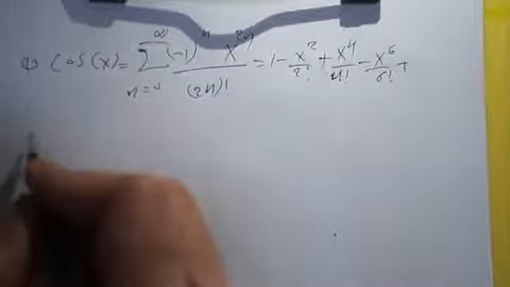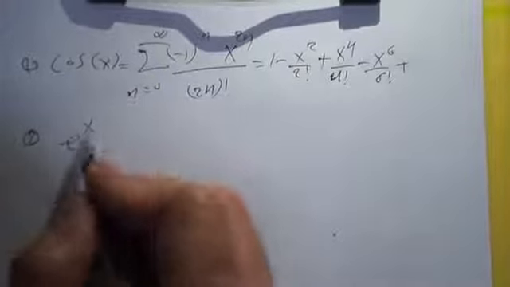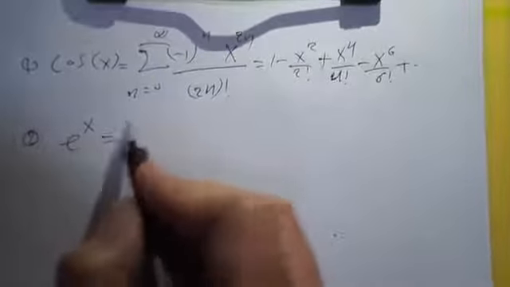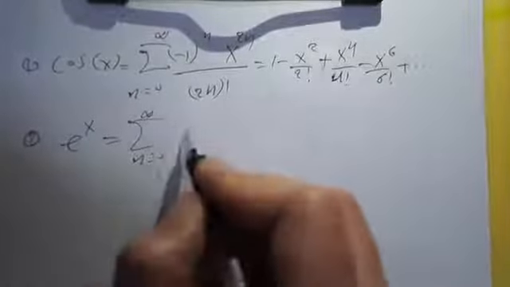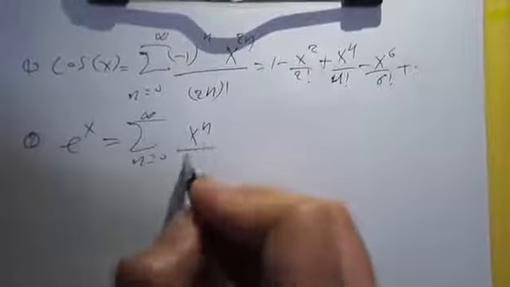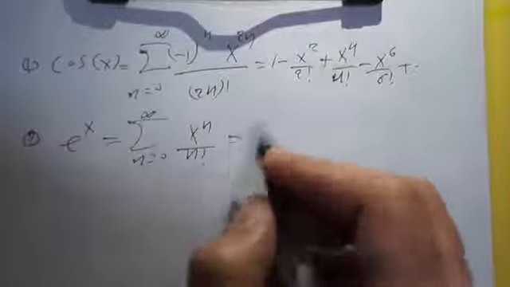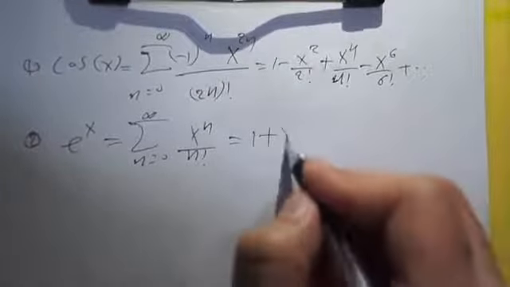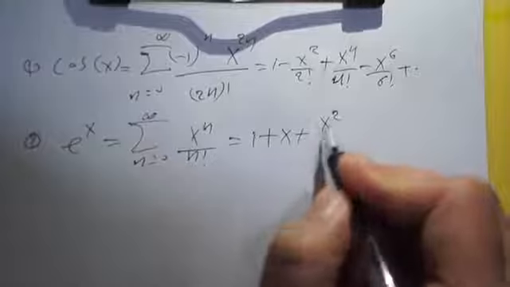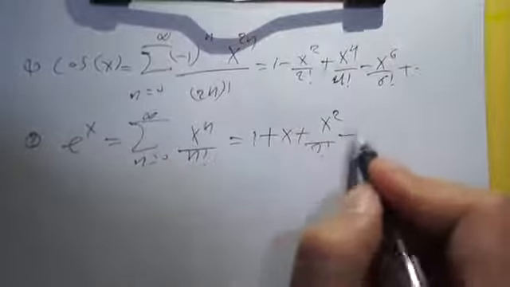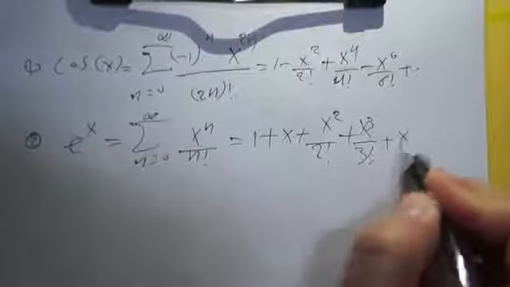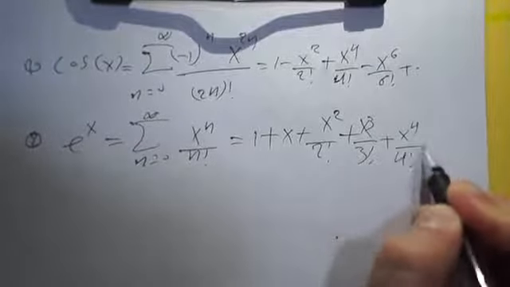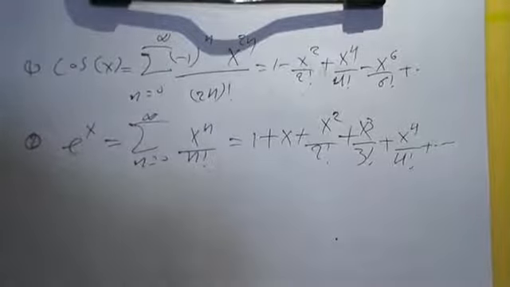Another example: the exponential function can be given by the following formula: the sum from n equals 0 of x to the power n over n factorial, which equals 1 plus x plus x to the power 2 over 2 factorial plus x to the power 3 over 3 factorial plus x to the power 4 over 4 factorial and so on.